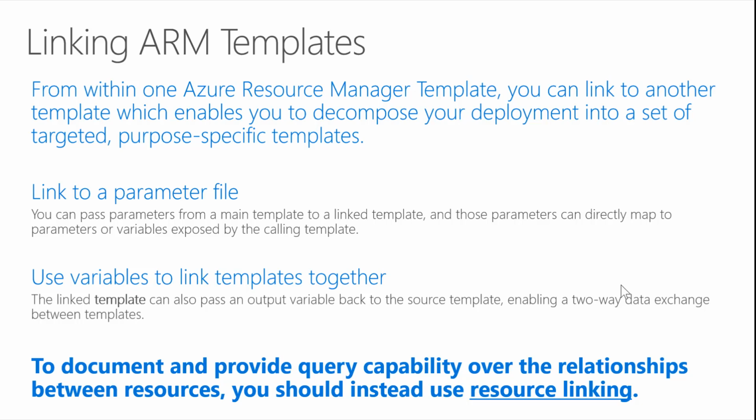You can pass parameters from a main template to a link, and those parameters can directly map to parameters or variables exposed by the calling template. You can also use variables to link templates together. The linked template can also pass an output variable back to the source template, enabling a two-way data exchange between templates.